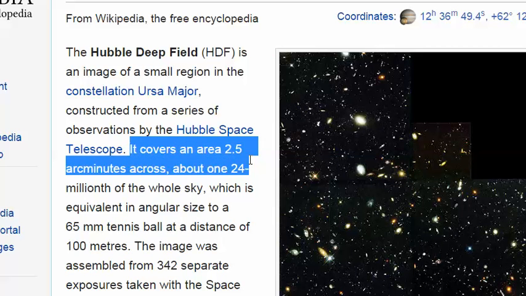And that is the size of the Hubble Deep Field Survey, a small region in the constellation Ursa Major.